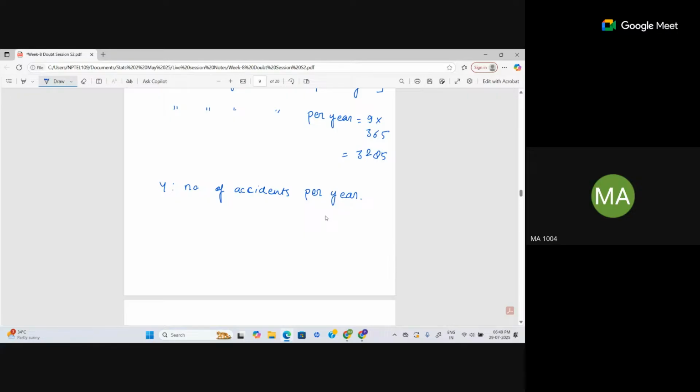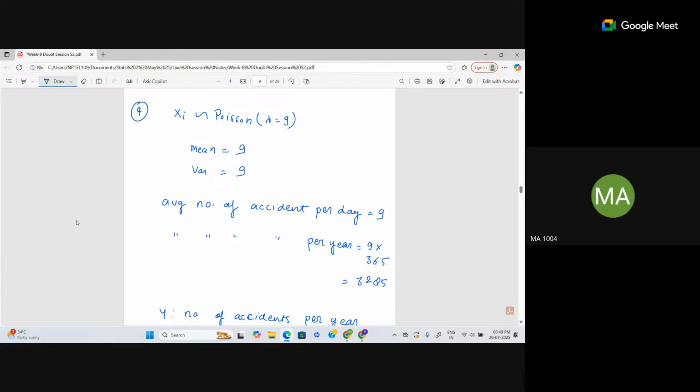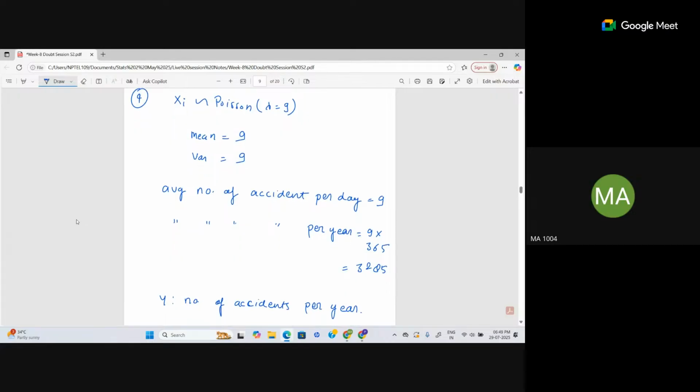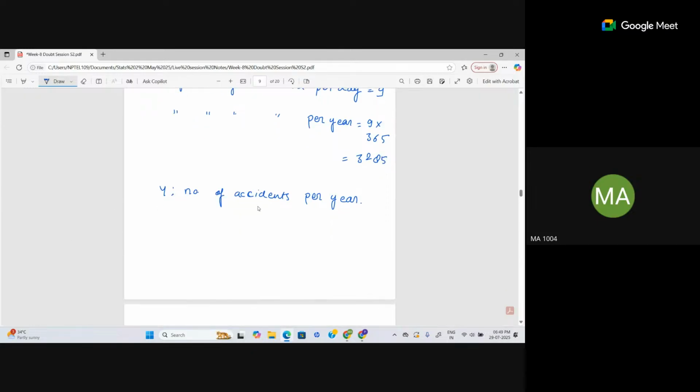X was representing the number of accidents per day, but Y represents the number of accidents per year. What we have to find is that Y is greater than 3300, right? Is this part clear to everyone?